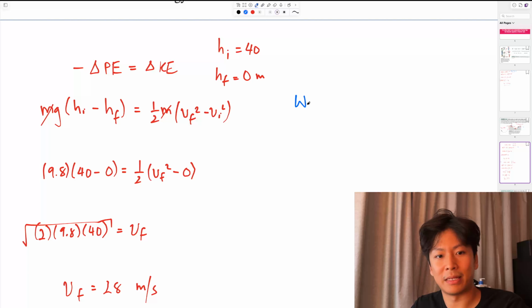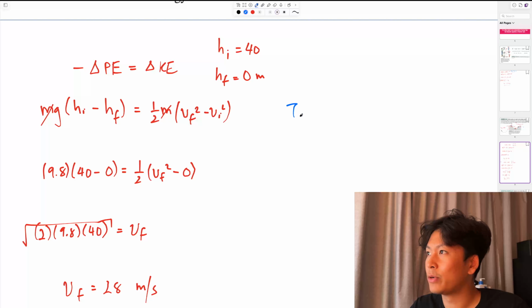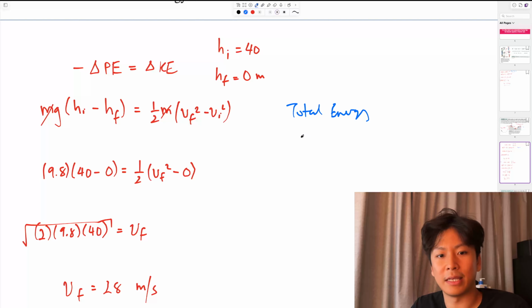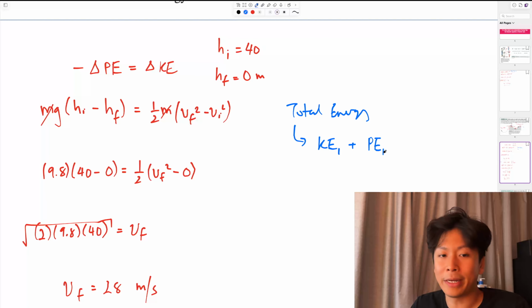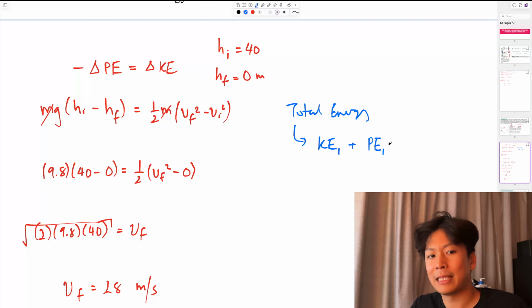So sorry, let me write it down properly. Total energy of the car is going to equal the kinetic energy of the car at some point, let's call it point one, plus the potential energy at that point, plus the thermal energy, so the heat being produced.